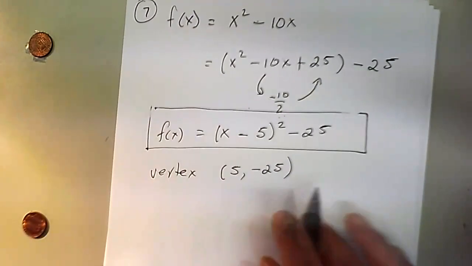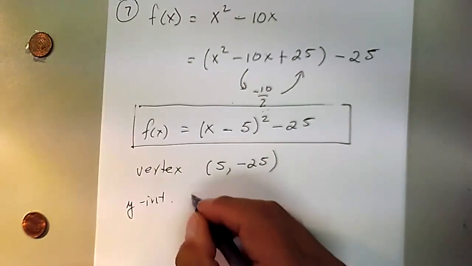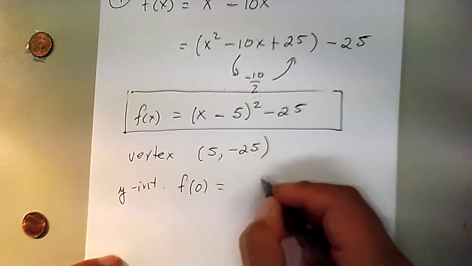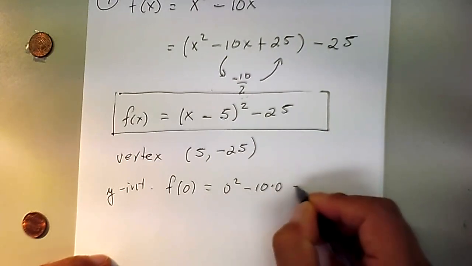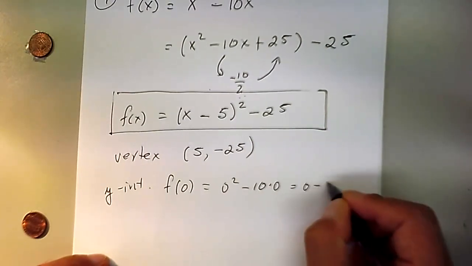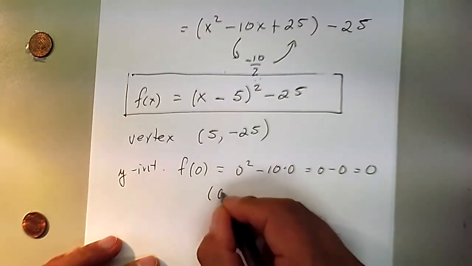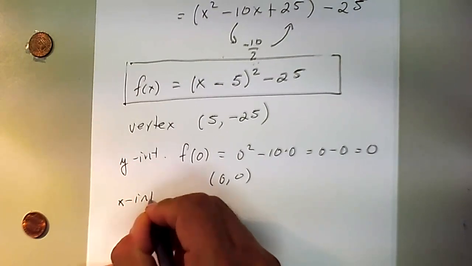So what is the y-intercept? Well, we set 0 for x, and that is going to give us 0 squared minus 10 times 0, which is 0 minus 0. So the y-intercept point will be 0, 0. What about the x-intercept point?